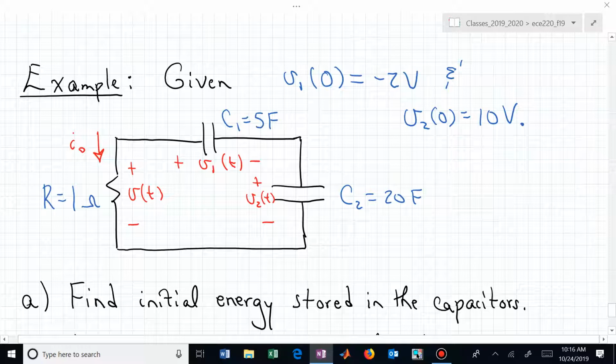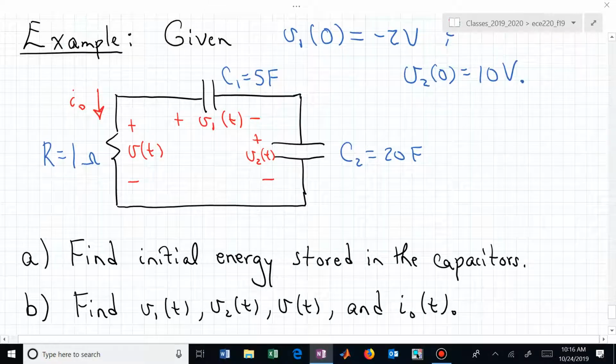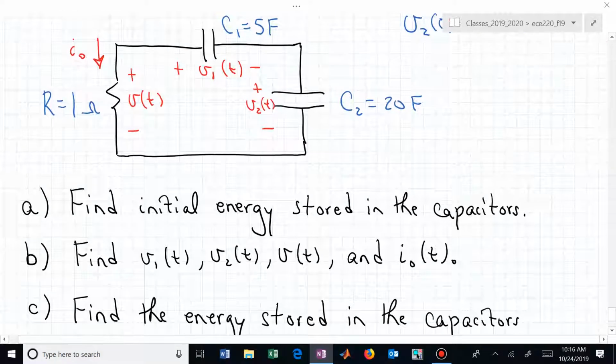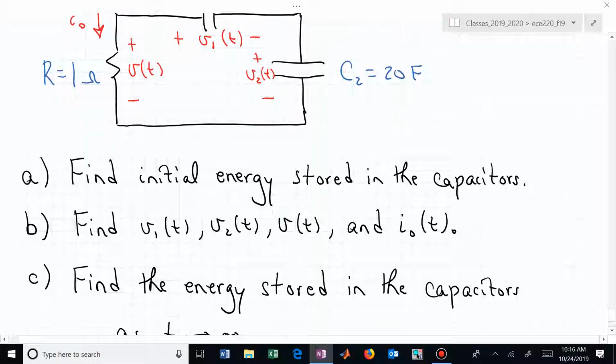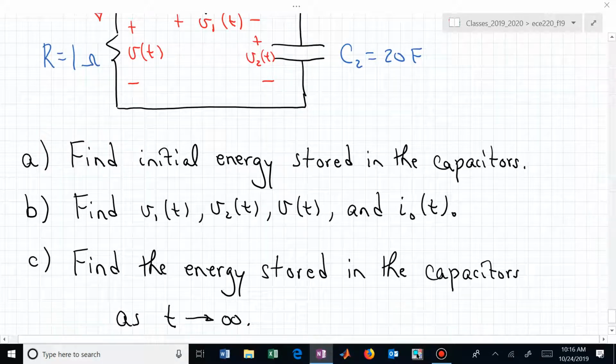And now we want to find the initial energy stored in the capacitors. We also want to answer some other questions. We want to find V1, V2, V, and I sub 0. We're inquisitive today. We want to find the energy stored in the capacitors at infinity.